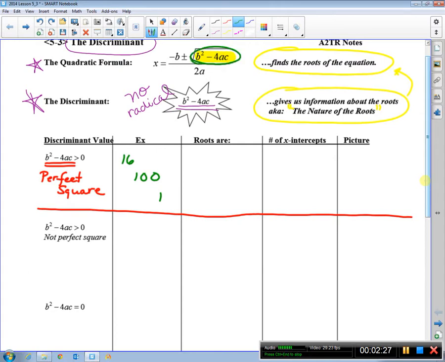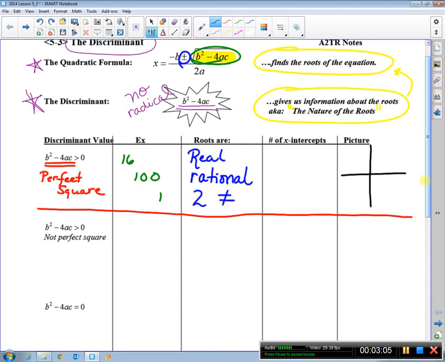I'd have negative b plus that number, negative b minus that number, and both of those divided by 2a. I get roots that are real. They're real numbers. Better than that, they're rational numbers. That means they look nice, they're clean, we know exactly what they equal. There will be 2 of them because of the plus and minus, and they will not be the same, so we say they're unequal.